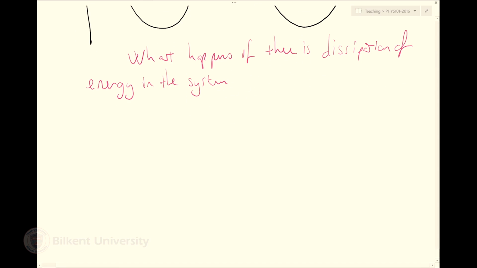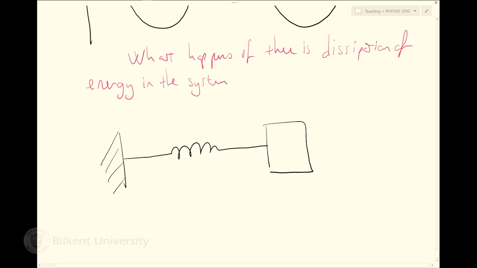So let me start with the same model. Some mass and spring. Let's even put it on some surface. I'm going to make the surface frictionless.